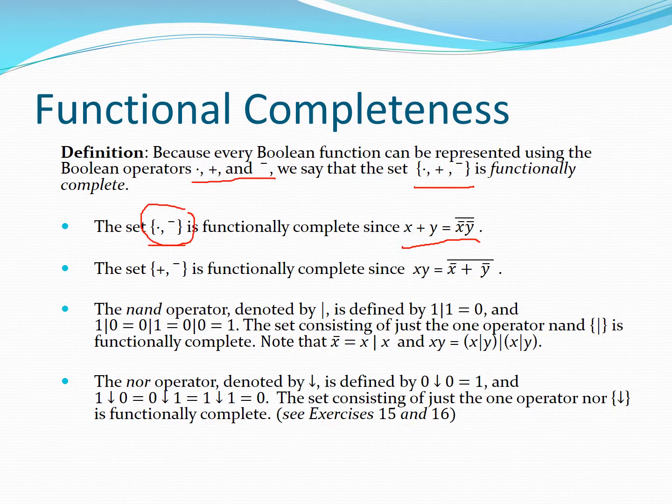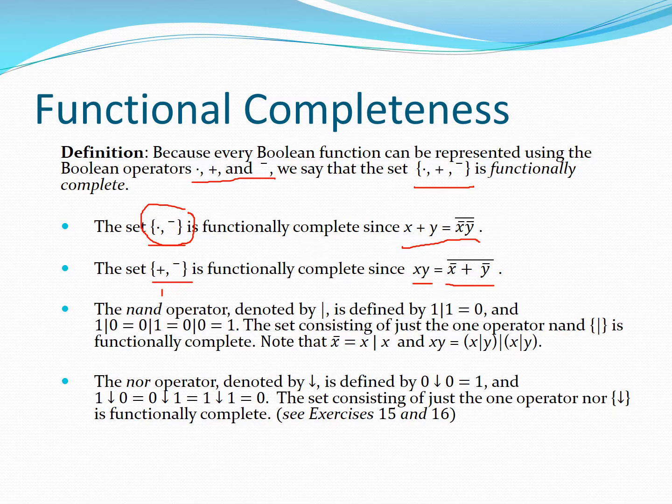All right, in a very similar way, we can also show that just the sum operator and the complement are functionally complete. And how do we say that? You can express a product between two Boolean variables as a sum of complements and then the complement of the whole thing again.